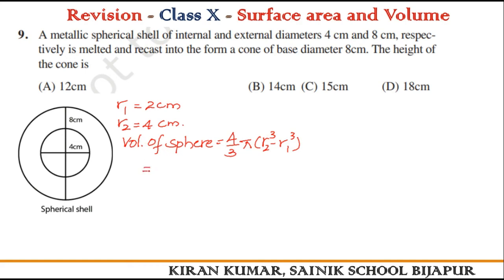Let us substitute the values. It becomes 4 by 3, I'll retain this pi and at the end substitute the value, times 4 cubed minus 2 cubed. 64 minus 8 is 56. So 56 multiplied by 4 is 224. We get 224 by 3 times pi cm³.